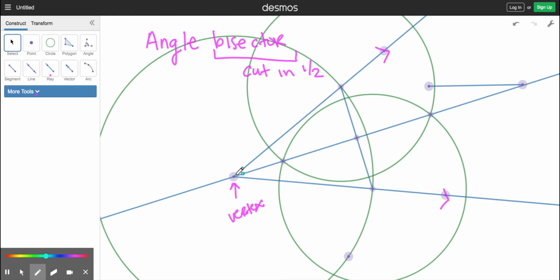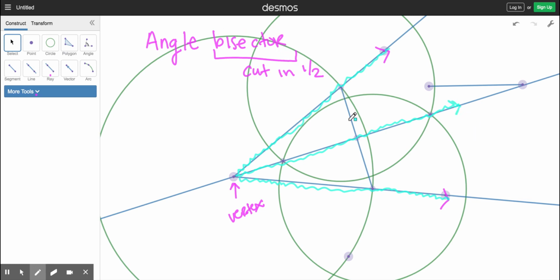Here was the angle I started with. And here was the bisector that we just created. So if you can see, it cut it right in half.